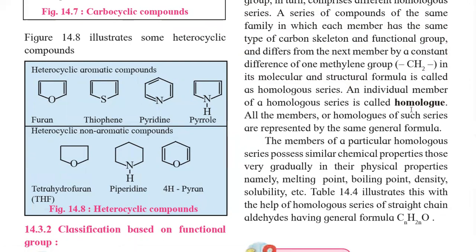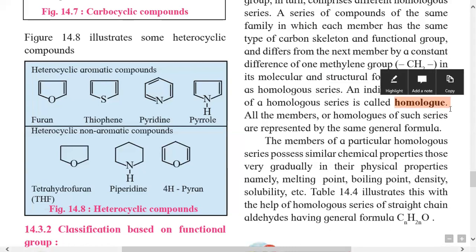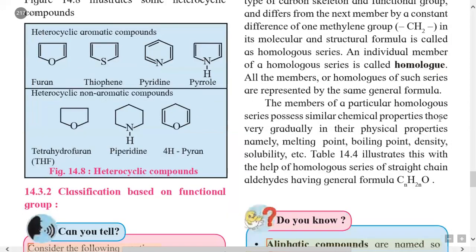Each individual member in the homologous series is called a homolog. What is a homolog? An individual member in the homologous series is called a homolog, and all the members of such a series are represented by the same general formula. Meaning, all organic compounds in one series have the same general formula.